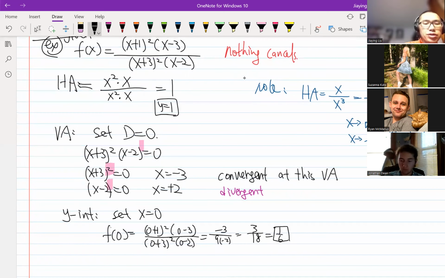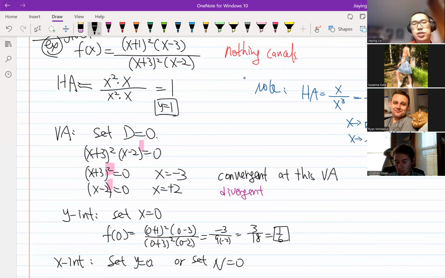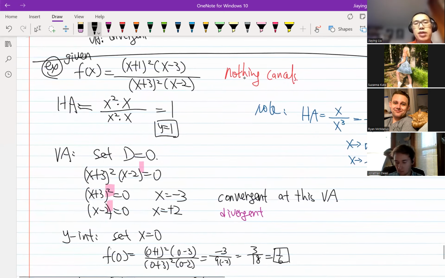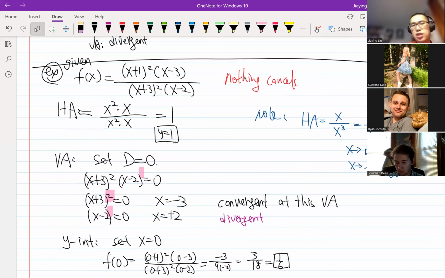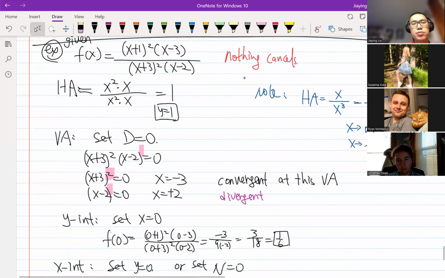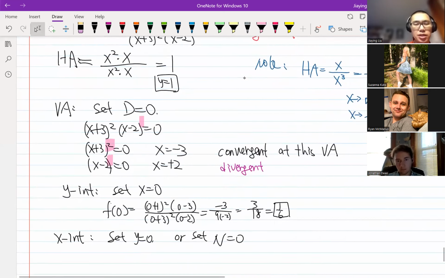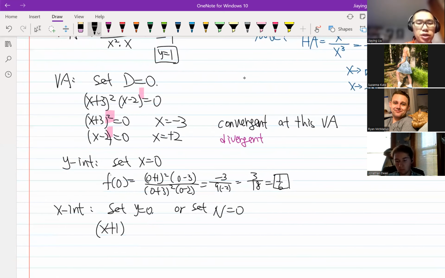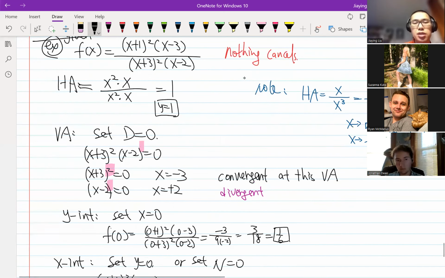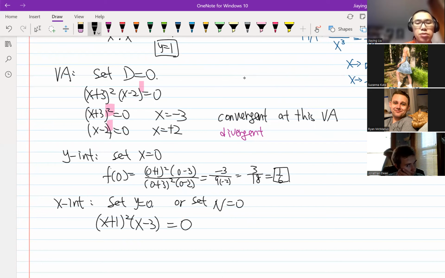The next thing we're going to do is find the x-intercepts. We either set y equal to 0 or set the numerator equal to 0, as it gives the same result. It doesn't matter which, because the denominator doesn't matter here. So we get (x plus 1) squared times (x minus 3), double-check that's right, equals 0.